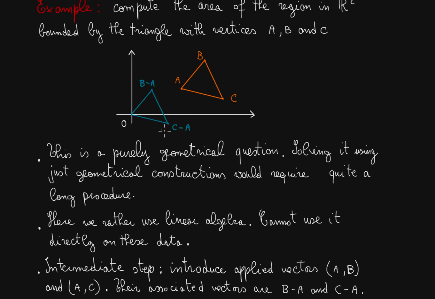This is the triangle we are considering now, and on which we can use the formula relating the area to the vector product of B minus A and C minus A, as we have seen in a previous lecture that we will remind right now. Now we can use the vector product formula on these points.